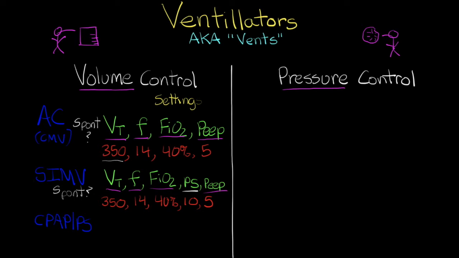When we think of this hierarchy of support from AC down to SIMV, the effort required of the patient is going to be more, and therefore the level of support that we're providing is a little bit less. I think that pretty much sums up our settings and our basic understanding of what SIMV is.